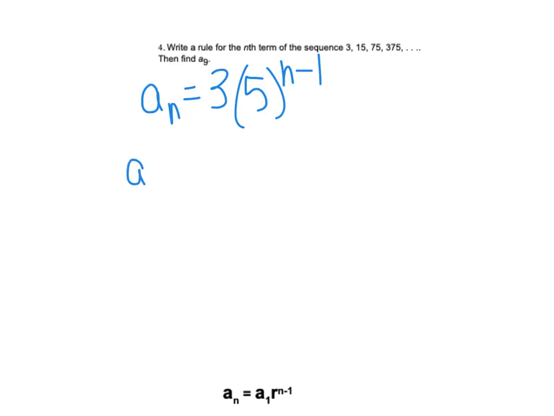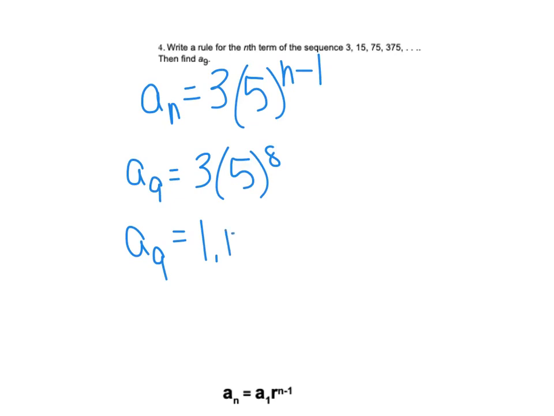If I want to know what the 9th term is, I'm going to take 3 times 5 raised to the 8th power, because that's n minus 1. And again, we need to do the exponent first. And we should get 1,171,875.